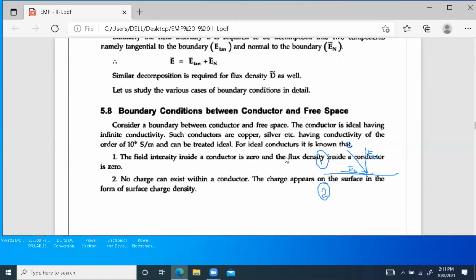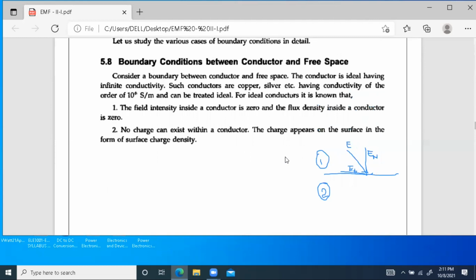Now, consider a boundary between conductor and free space. The conductor is ideal, having infinite conductivity. Such conductors are copper, silver, etc. The field intensity inside the conductor is 0, and the flux density inside the conductor is 0. No charge can exist within a conductor, which we said this morning, so we were a little previous. The charge appears on the surface in the form of surface charge density.